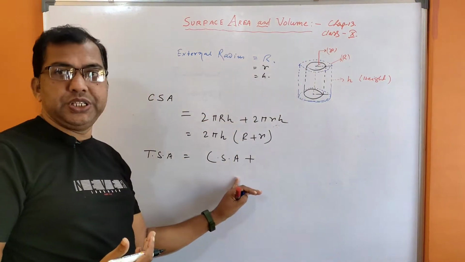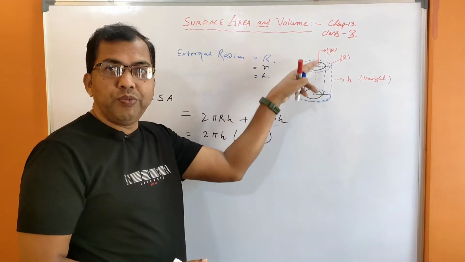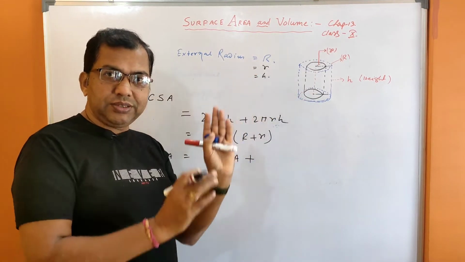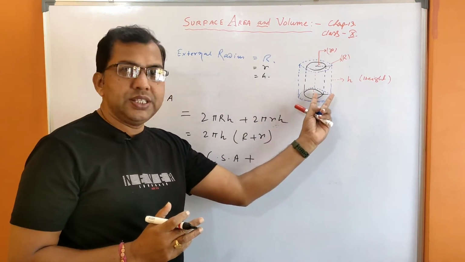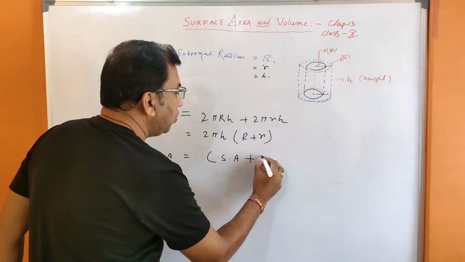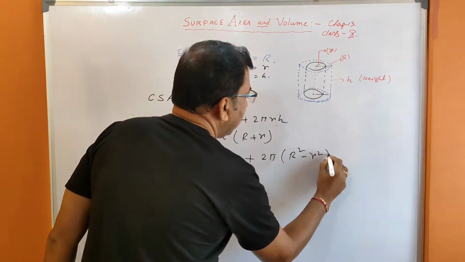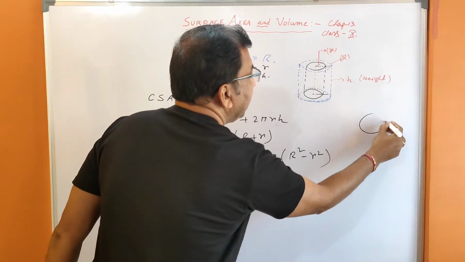But in case of total surface area, you have to find the curved surface area plus the area of the base rings. What is the area of a base ring? It is pi R square minus r square. This is the area of the base ring.